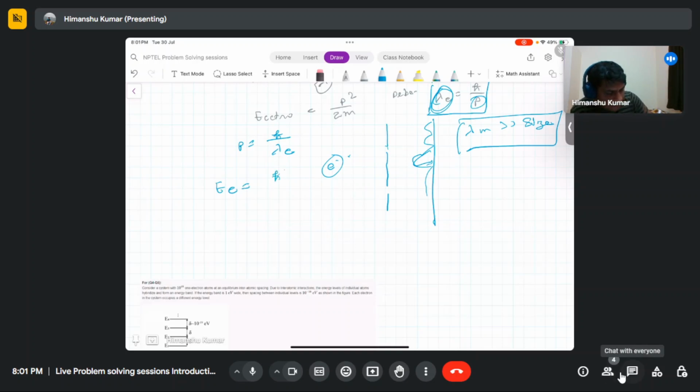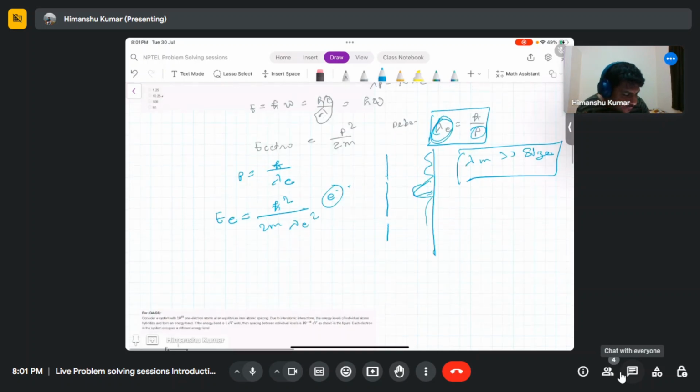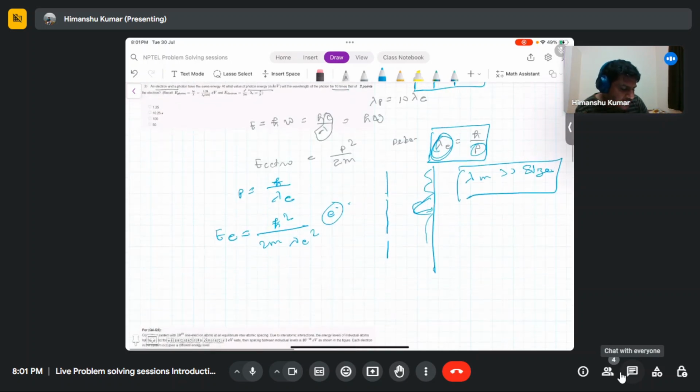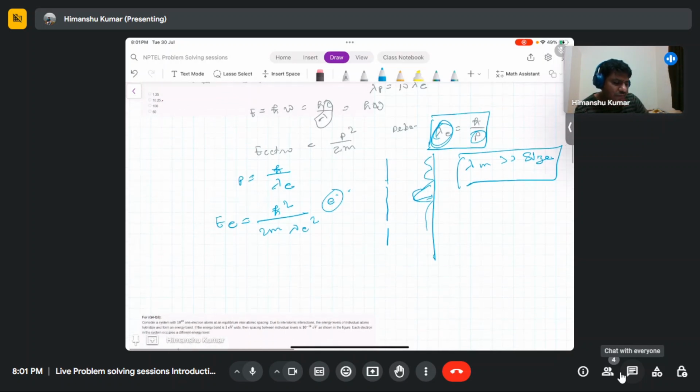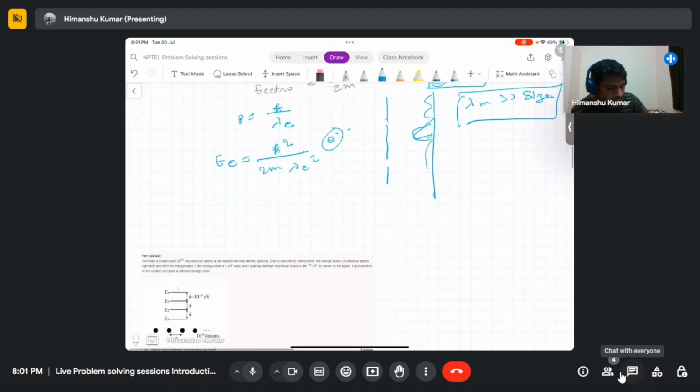This will become h bar square by 2m lambda e square, and then you can equate this to the photon energy, that is h c by lambda photon, and that is h bar square.